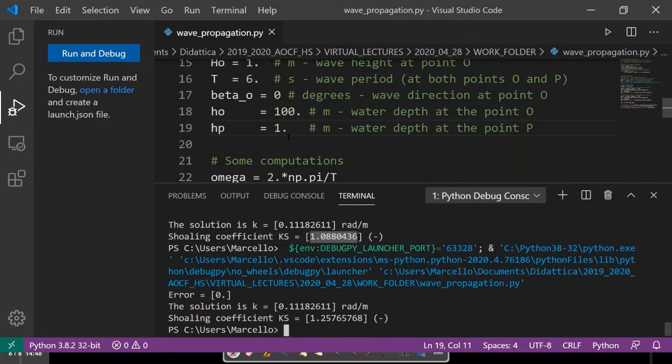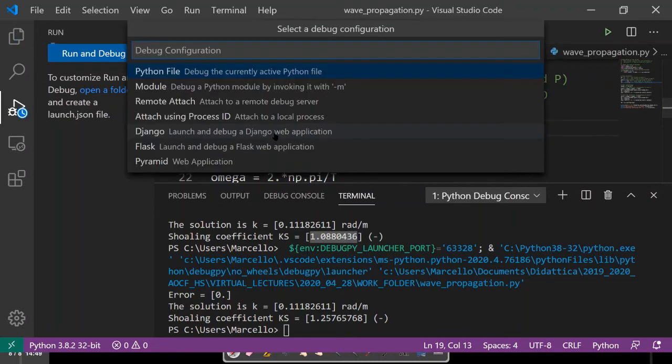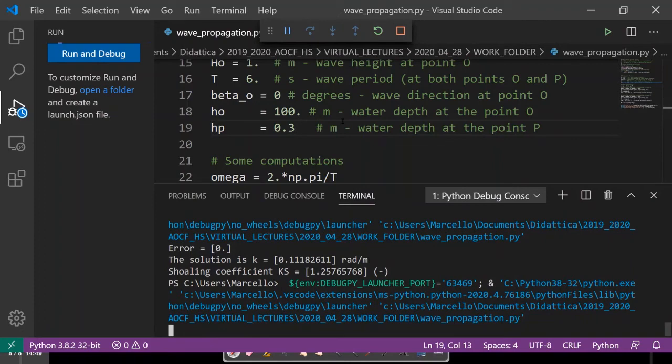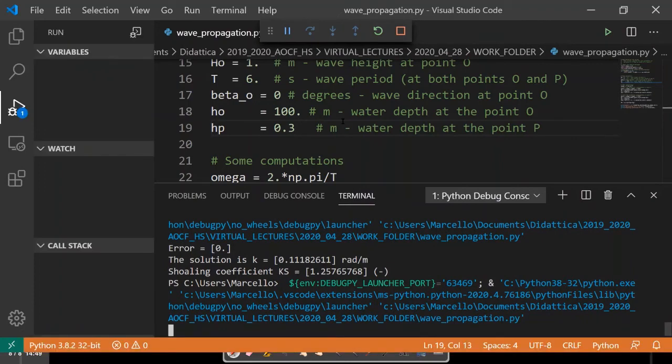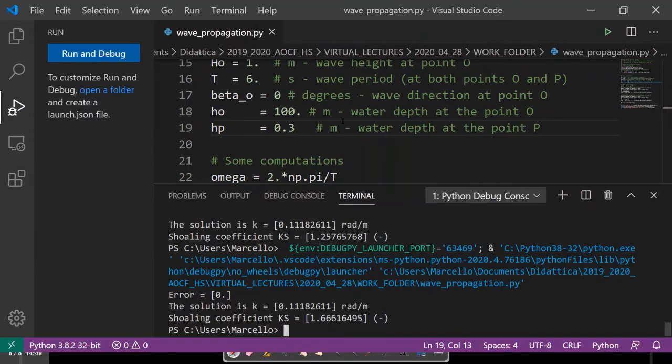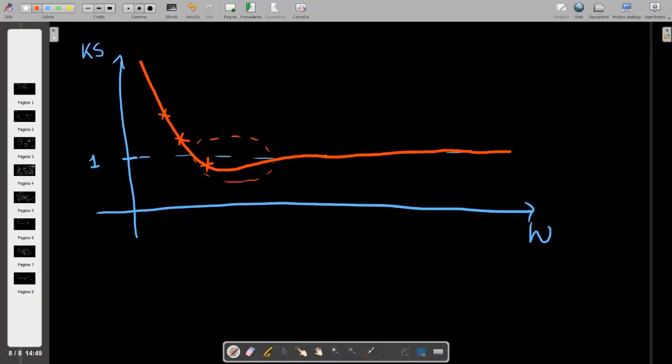If we decrease again, 0.3, we perform the computation, and the Ks should be increased, 1.666 and so on. So now we are here, and so on. So we are computing the value of Ks.